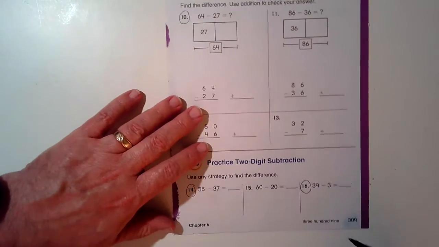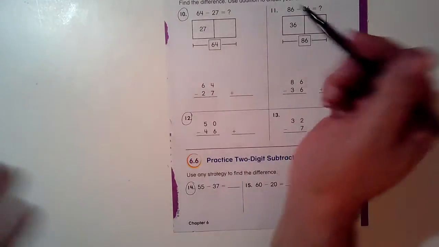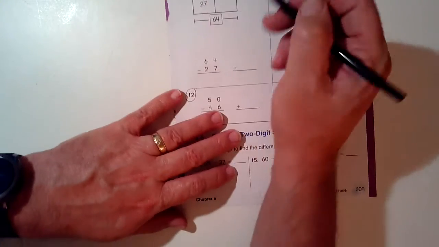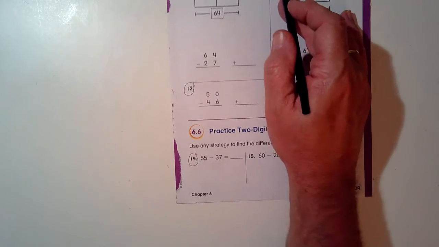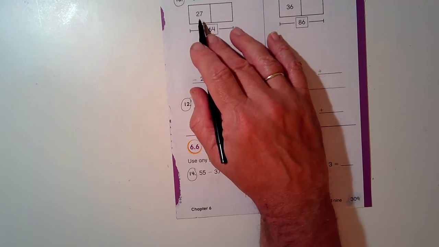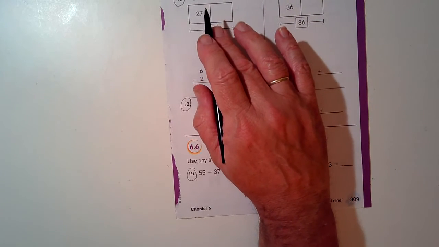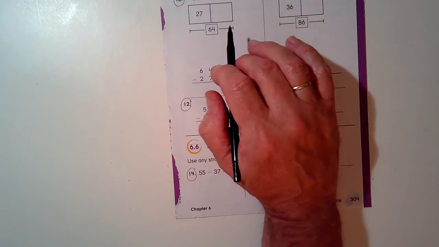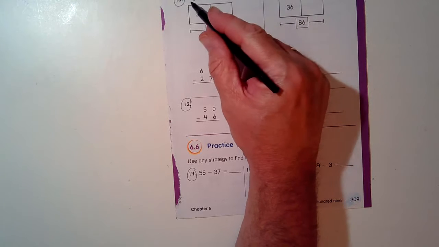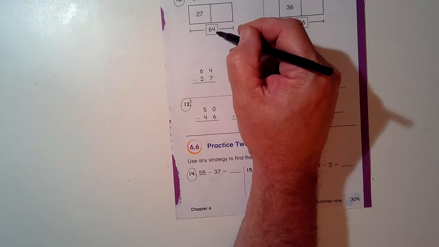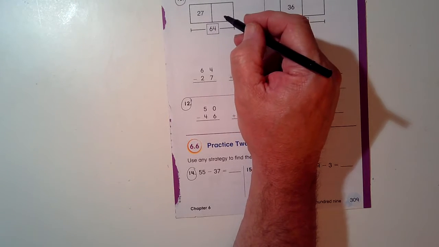Go on to page 309. Problem number 10. We have this. It says find the difference. Use addition to check your answer. So we have this, and I've explained before that this is like our fact families. I have 64 minus 27 is going to equal a number.